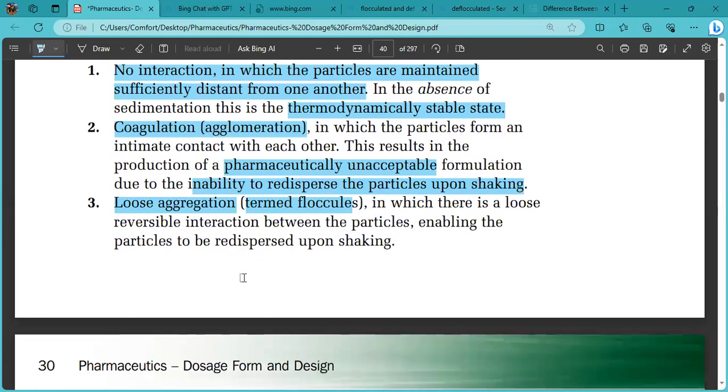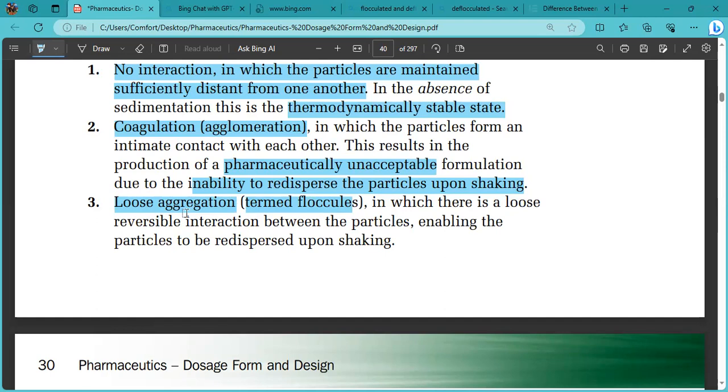And then there's the third one, which is loose aggregation or floccules. Now this is where flocculated and deflocculated come in. So the loose aggregates or floccules have a loose, reversible interaction between the particles, which enables the particles to easily redisperse on shaking. So this is mostly seen in flocculated suspension.